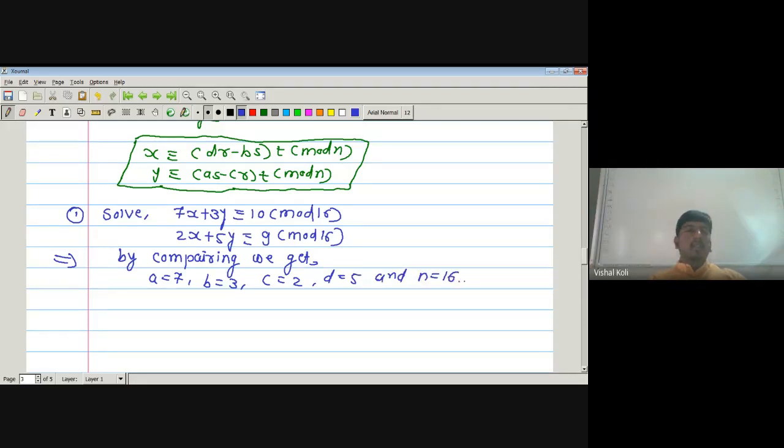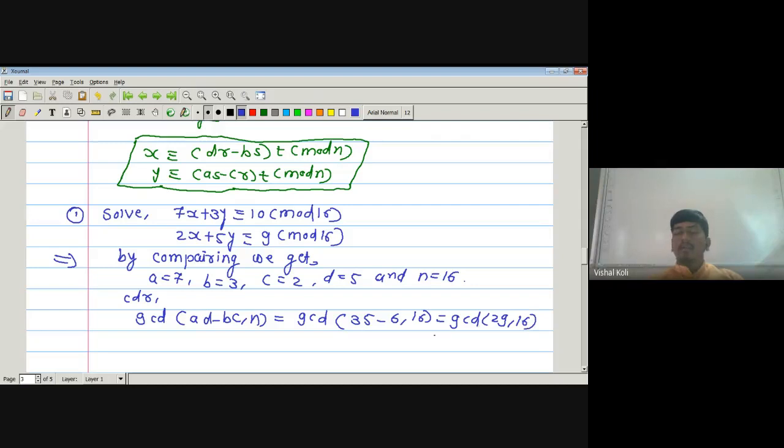Now first we have to check whether GCD of AD minus BC comma n is equal to 1. Consider GCD of AD minus BC comma n, which is GCD of A into D, 7 into 5, 35, minus B into C, 3 into 2, 6, and n is 16. That is GCD of 35 minus 6, which is 29, and 16.